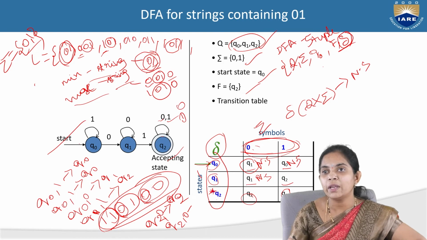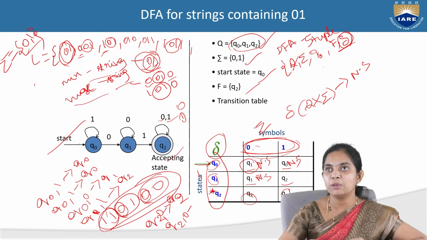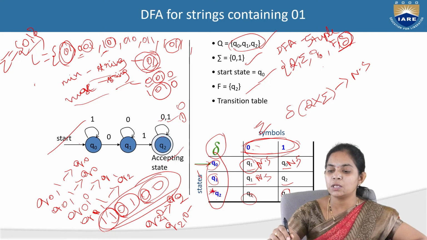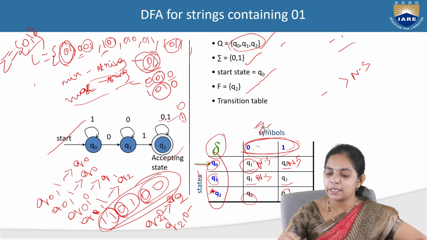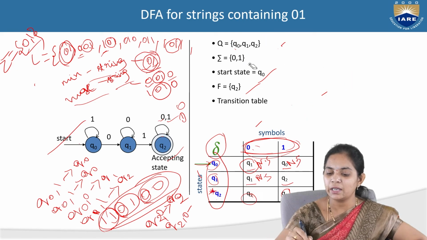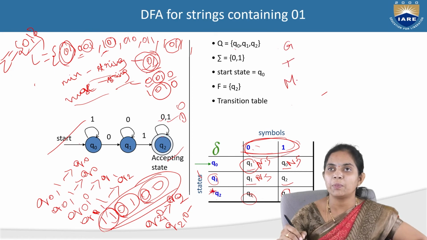So this is how we have to construct a DFA for the minimum string of the 0, 1 substring. And one more thing, about the representation of the finite automata: we discussed that we have graphical representation, tabular representation and mathematical representation.